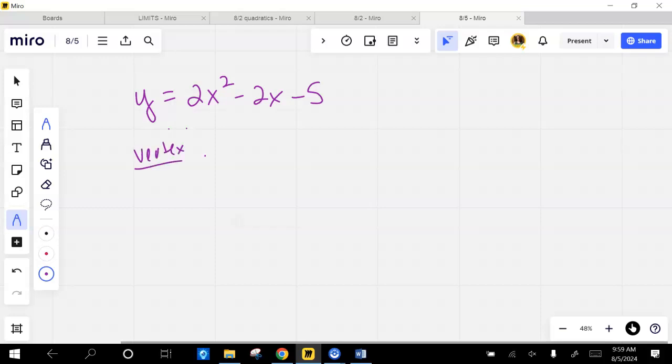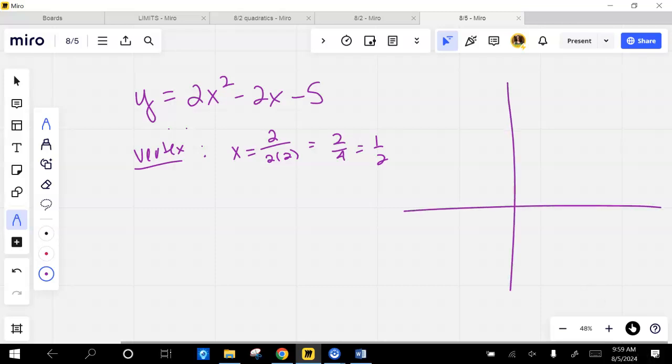To do that, I'm going to do opposite b, 2 over 2 times a. So that's going to be 2 over 4, which is a half. Even though I say you can use either one, I'm a big fraction fan. Fractions are our friends. They help us keep everything completely and totally exact. But if you're not there yet, that's okay.